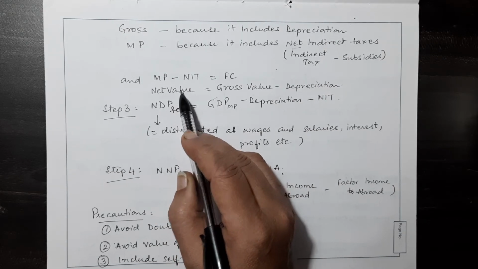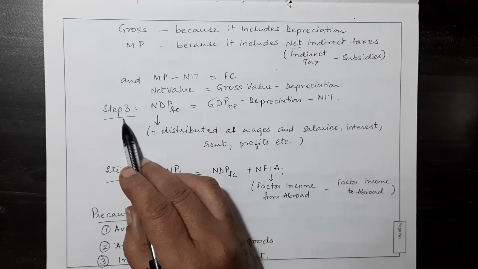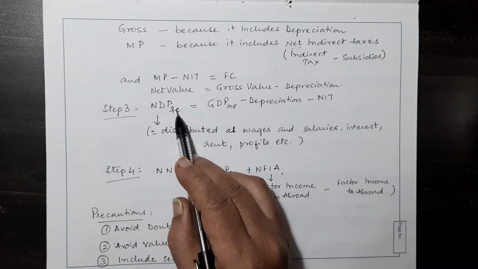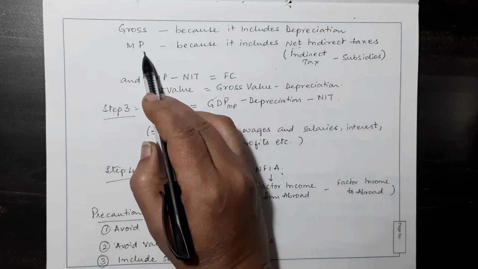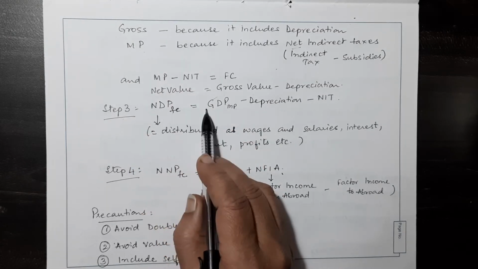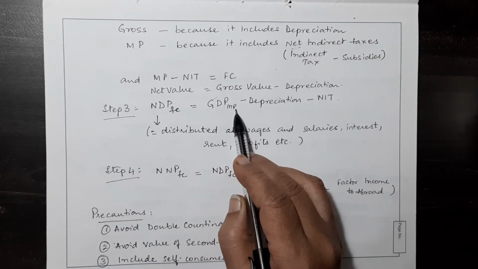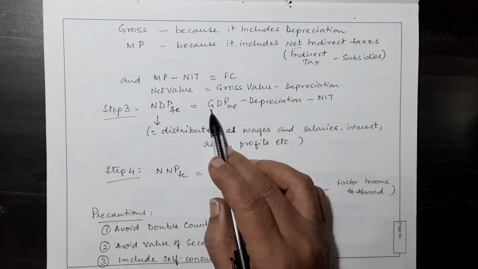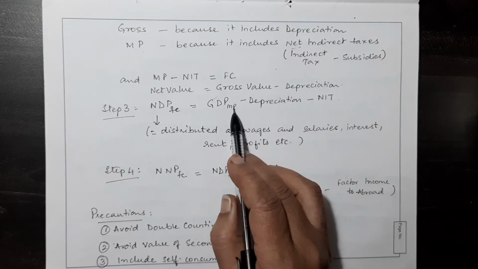All right. Now step 3 is to find out the net domestic product at factor cost. Now since we learnt gross and the market price, we will find out the net value at factor cost, which will be given by gross value at market price minus depreciation, which will give us the net value, minus NIT will give us the factor cost.